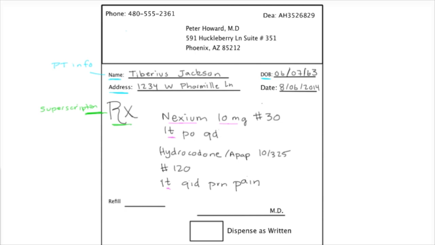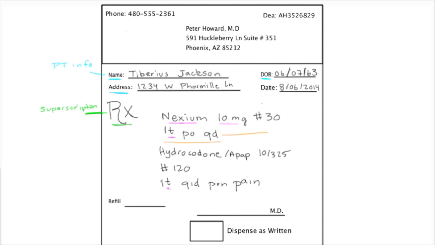Now we have the signa. Another way of saying signa is sig codes. This is how the doctors write in order to kind of narrow their time down and to make it so it can all fit on the prescription. So a signa or a sig code is going to be basically shorthand for what the doctor wants.